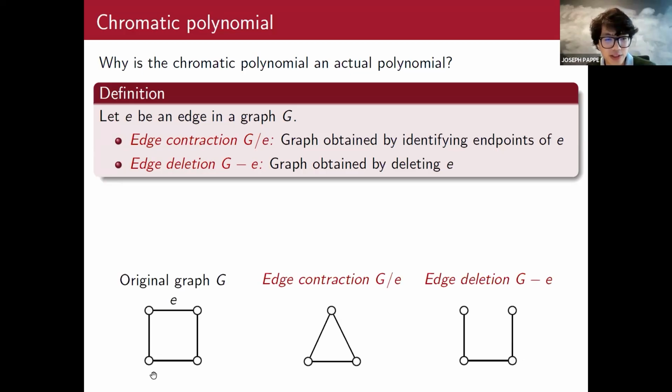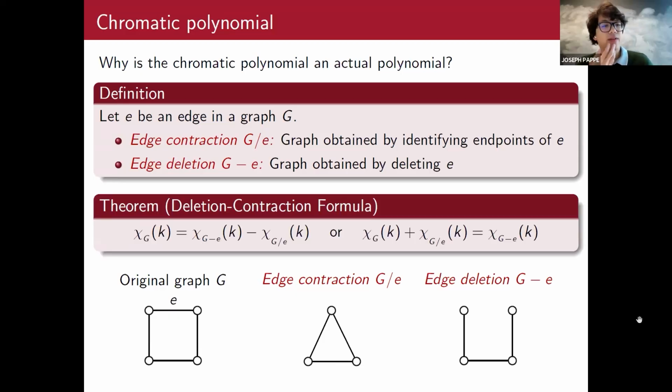So for instance, if this was our original graph and this was the edge we cared about, an edge contraction would be like squishing these two vertices up here together. And if we do that, we get this triangle down here. And an edge deletion would just be removing this edge altogether.